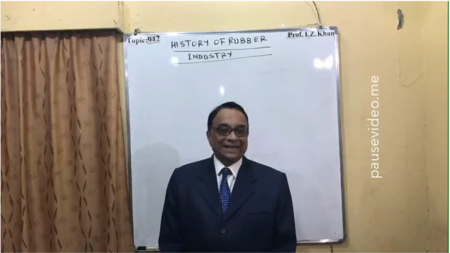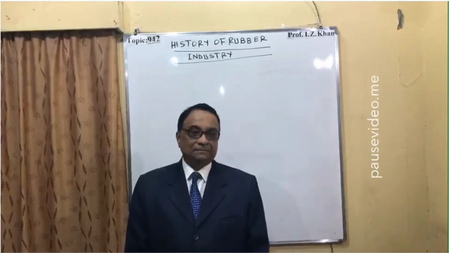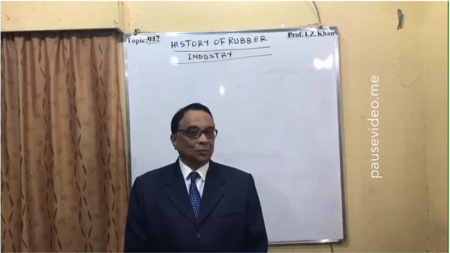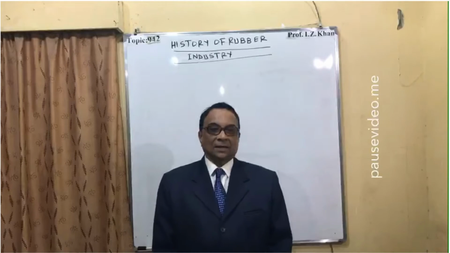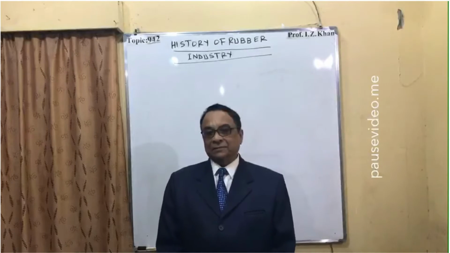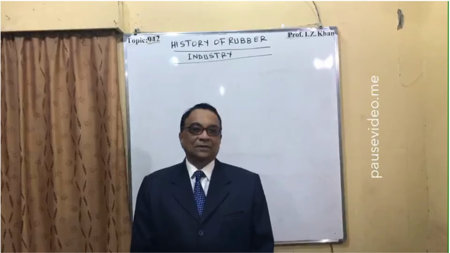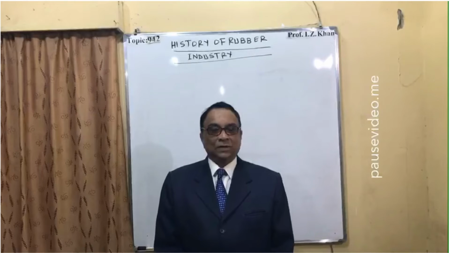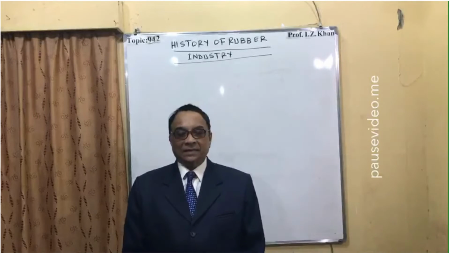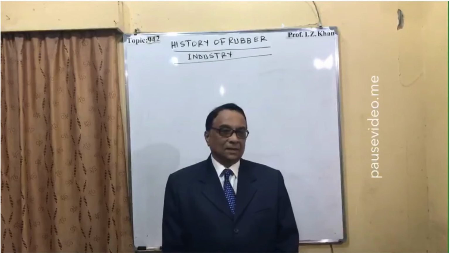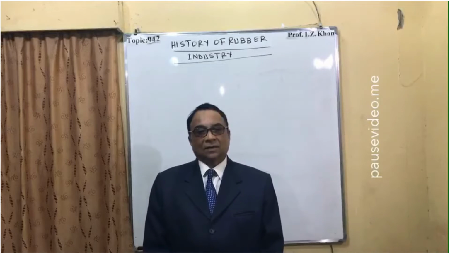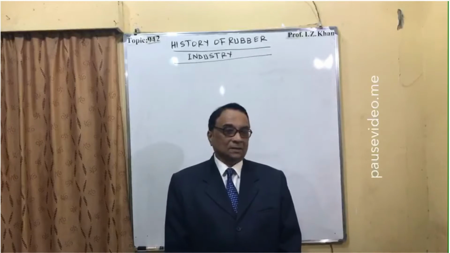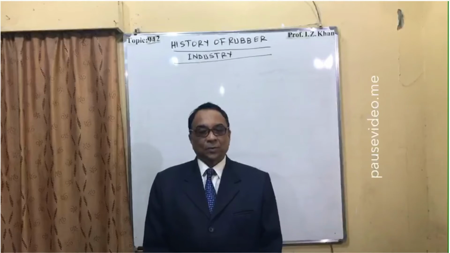And later on in England, around 1700 to 1800, they started improving its quality by the addition of different chemical substances. So first sulfur was added into it, and by the addition of sulfur, its plasticity or elasticity or industrial use was drastically improved.